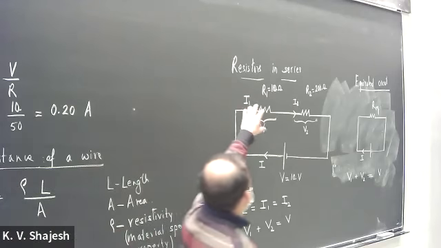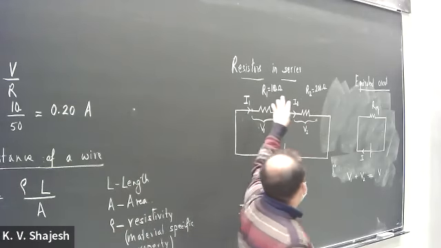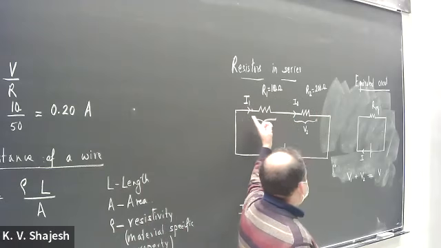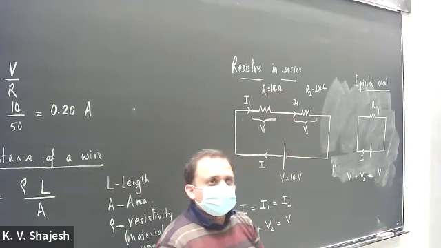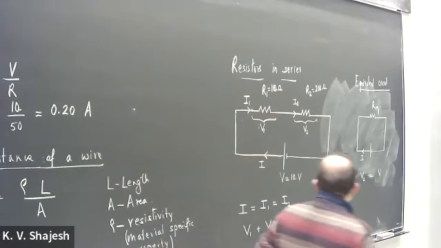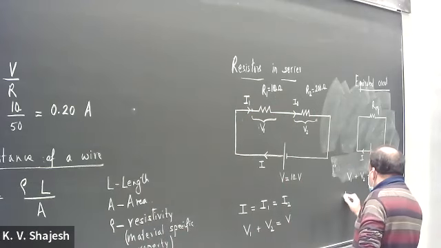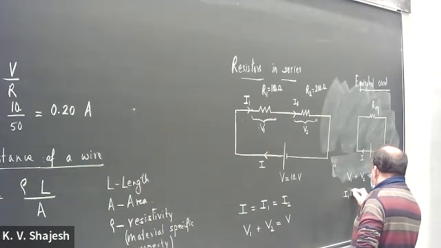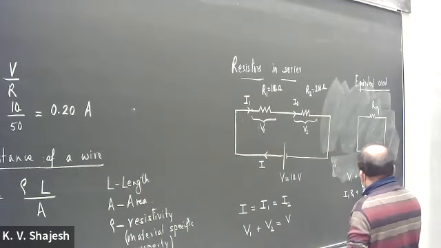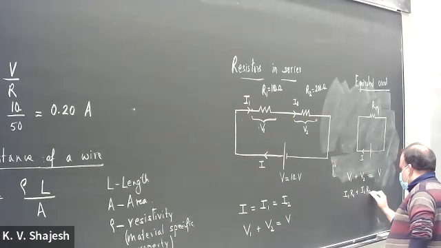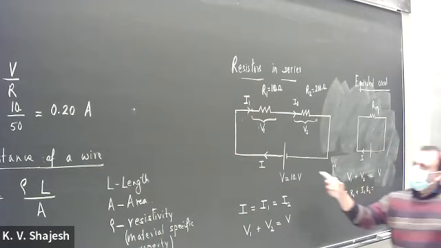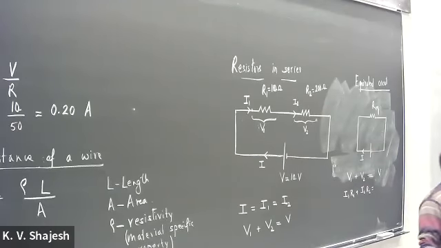And that is true locally, for each resistor: the voltage across that resistor and the current going through the resistor. So V1 is equal to I1 times R1, and V2 is I2 times R2. And the voltage V is across the full resistance, and that's where the equivalent circuit comes in.